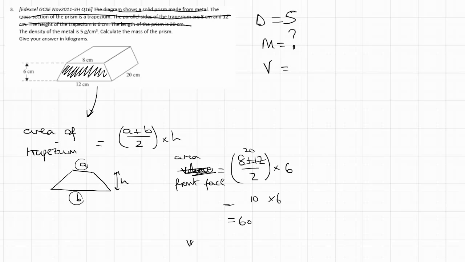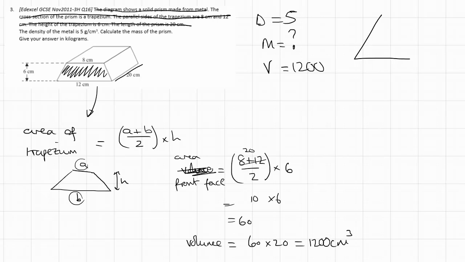And then to find the volume, I need to times it by the depth, or the length, or the height, depending on how the shape is shown to you, but in this case it'll be the depth. So I need to do 60 times by 20. That gets me to 1,200 centimeters cubed. So my volume is 1,200.